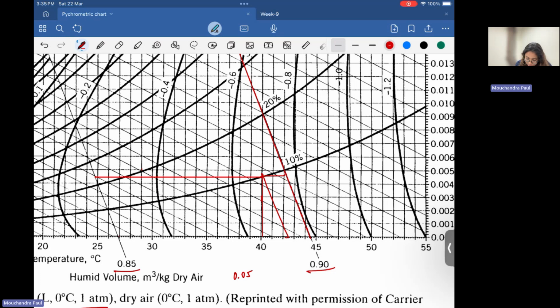There are close to 18 markings. Let's consider it 17, because we want to take the markings only in between 0.85 and 0.9.